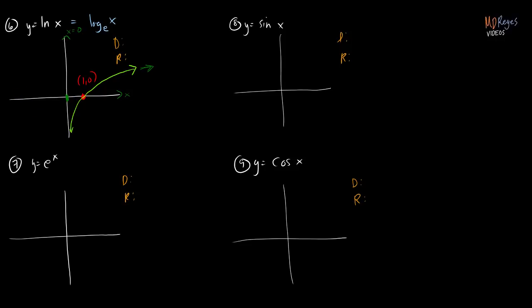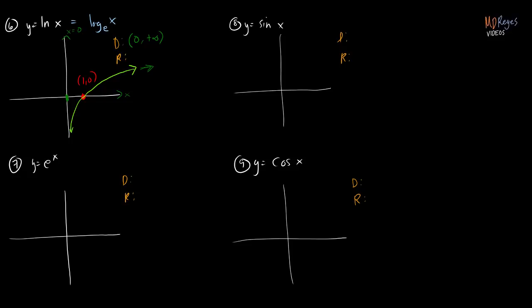The lowest value for the domain is any number very close to 0. 0 is not included in the domain because the graph doesn't touch the y-axis. So it's in between 0 and positive infinity.